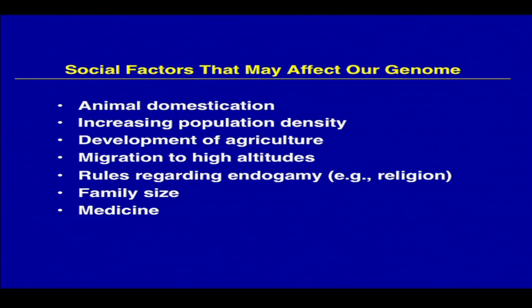And these stimuli can be technological, as in animal domestication or medicine, or social, as in population density or family size. And in fact, other arguments and still other papers that I didn't give you make the claim that the invention of agriculture has affected the biology of malaria, which in turn has affected the prevalence of at least two different low-activity versions of alleles for G6PD, or glucose-6-phosphate dehydrogenase, between about 1,600 and 12,000 years ago.